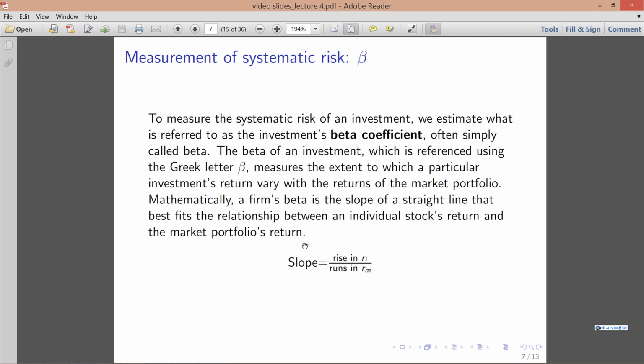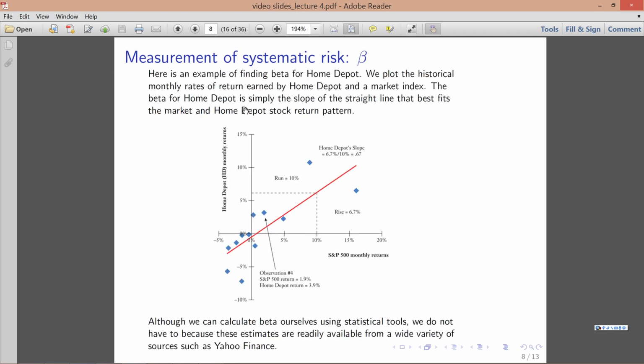Let's look at an example first. Let's say we want to measure the systematic risk of Home Depot. What we can do is plot the return of Home Depot against the return of the market portfolio. This dot would tell us that when the market return is 5%, what is the return of Home Depot.